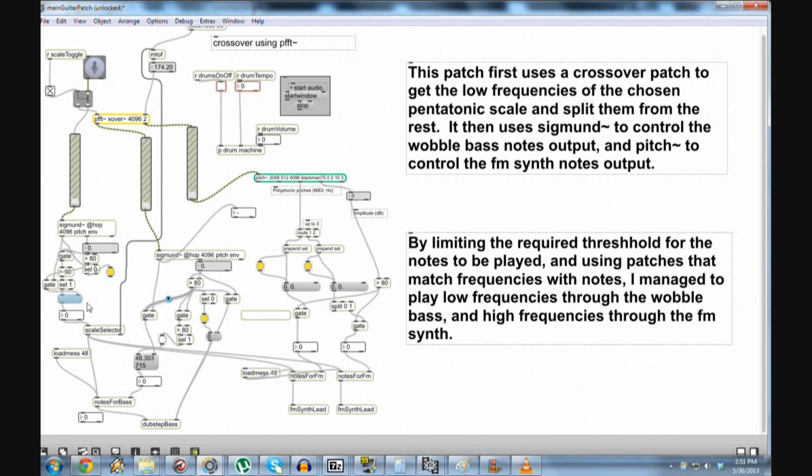Basically, this is just to check that when it's played, it's still greater than 80, and then the note is played. The note is sent to notes for bass, which is the note detection part, and if it's the right note, it gets sent to dubstep bass.